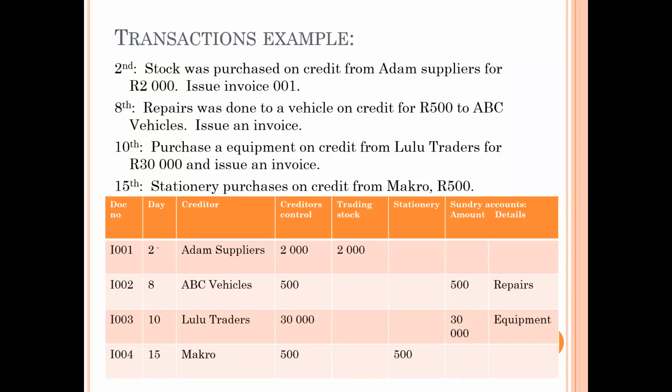Day is the day on which the transaction happens. Creditor, or sometimes they will put the word details there, will be the name of the business from the transaction. Then your amount, every time the amount will be in creditors control and for what it is. Like again on the second, it was for creditors control and trading stock.